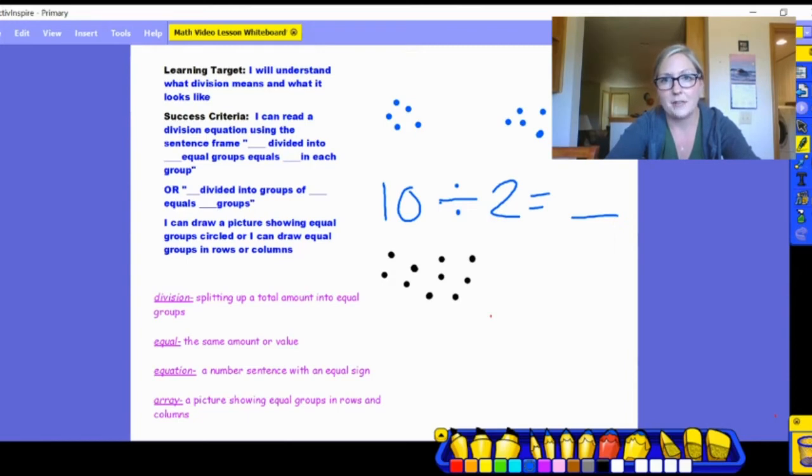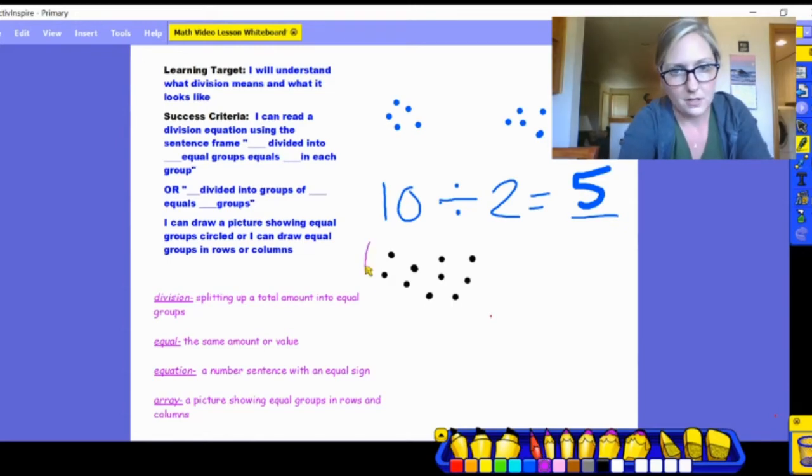As I counted, I put one in each group, and I see that we ended up with 5 pieces of cereal each. Down below in the black dots, I have the 10 pieces of cereal drawn again. And this time I just wanted to show that another way to use a picture to solve this could be to circle groups of 2, since I'm dividing by 2.